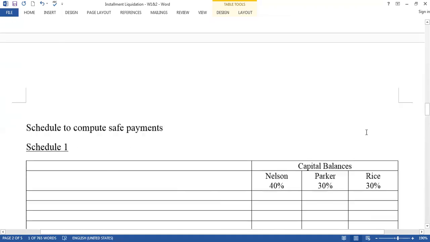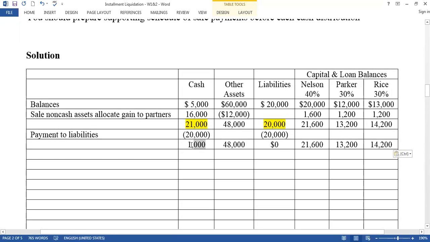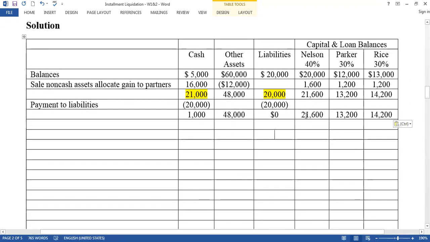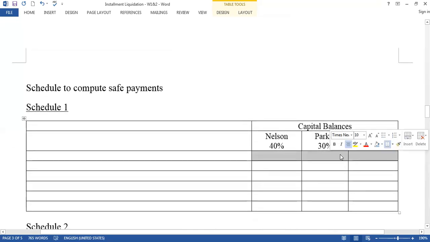Now what should we do? We should prepare a schedule: who is going to receive this $1,000? When we prepare the schedule, we will assume that the remaining non-cash asset is totally lost. Let me put the capital balances here, before the safe payment.